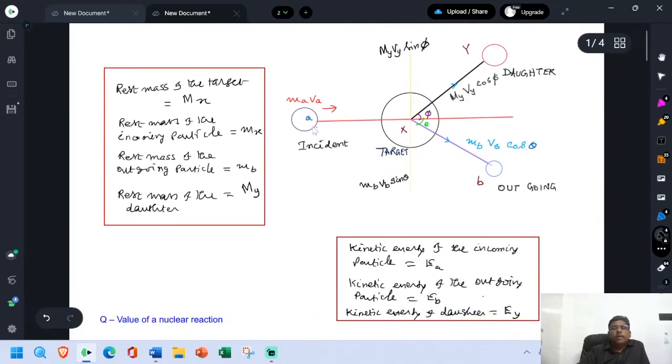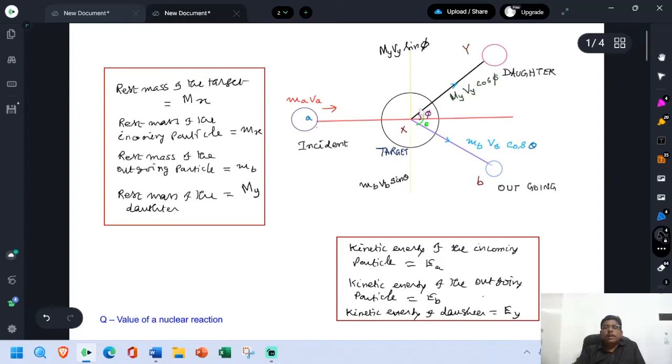Keep this as equation 2. Now study the y component momentum. Here the incoming particle is moving along the x direction alone. It's not moving in the y direction. So the y component of momentum of the incoming particle before the reaction is 0. Already the target is at rest. So before the nuclear reaction, the momentum is 0. Once the nuclear reaction is finished, we concentrate on the y component momentum of the daughter and the outgoing particle.